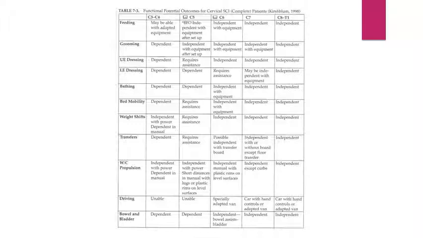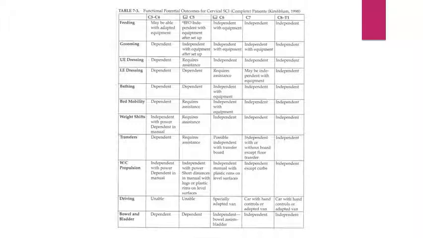If in the cervical spine, it dices out a little bit. C6 is actually the highest level that can be considered to be independent. Now, you have to have a very motivated C6, because what this means is that you have elbow flexion and wrist extension, but you don't have any triceps. And it's really hard to transfer and move around without your triceps muscle. I've seen people do it.